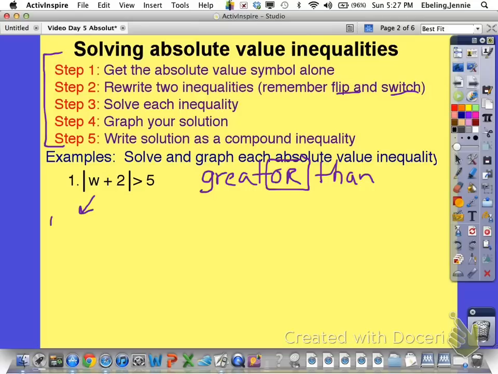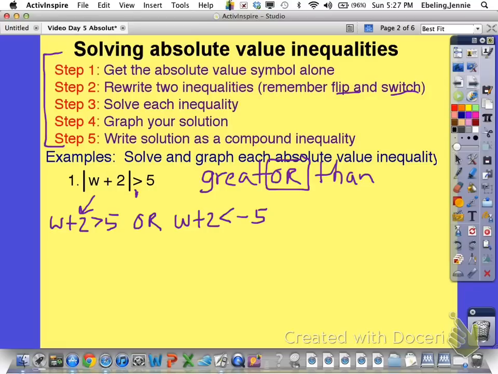So my first inequality looks exactly the same as what's in the absolute value up above, but there are no absolute value bars. So w plus 2 is greater than 5, or, because it was a "greator" right here, and then I start writing w plus 2, but then I have to flip the inequality and flip the sign on the negative 5.